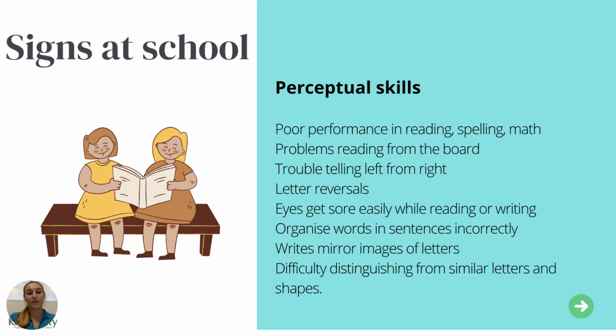Perceptual skills could look like children showing poor performance in reading, spelling, or maths, problems reading from the board, trouble telling left from right, looking at different writing errors such as letter reversals, or writing mirror images of letters. They also have difficulty distinguishing similar letters and shapes, or they could also show poor organization of the words and sentences that they write.